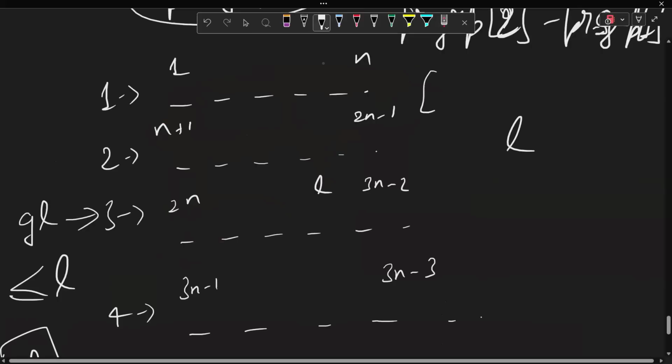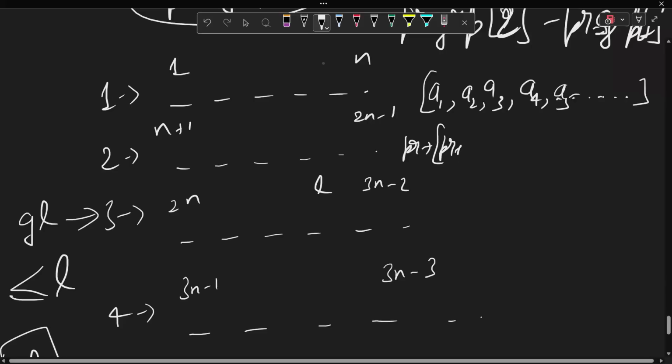Group number 3 has, if we have A1, A2, A3, A4, A5, let's say I have something like this. Then I computed the prefix sum also. So PR1 is the prefix sum, with that I'm denoting the prefix sum.